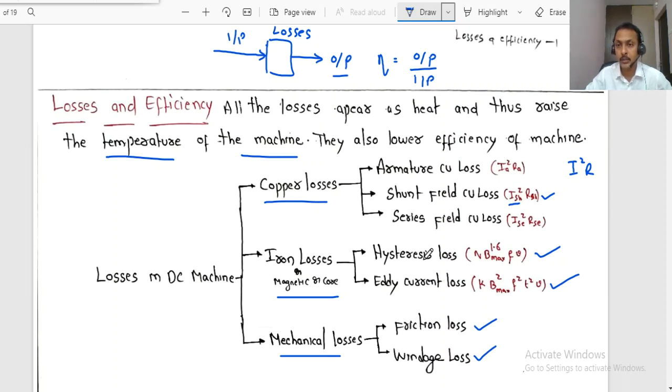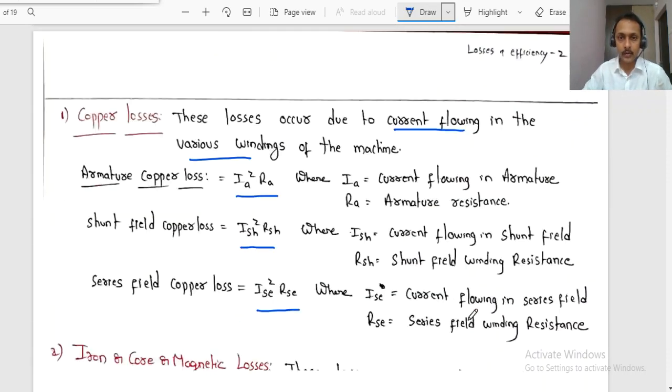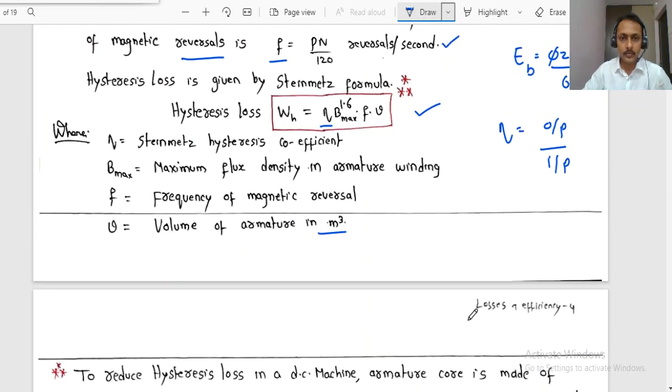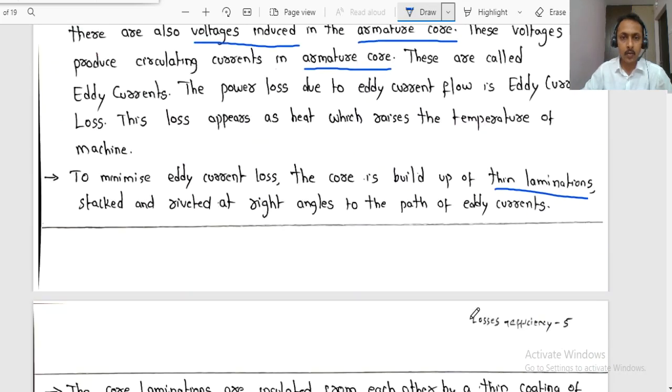Conductors placed in the armature will be exposed to the magnetic reversal, and eddy current losses are because of the voltage induced in the armature core. Simple, right? And the last one is the mechanical losses, friction and windage losses, right? Clear up to here, right?